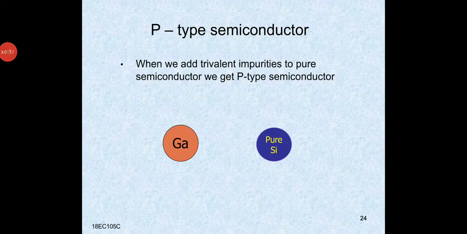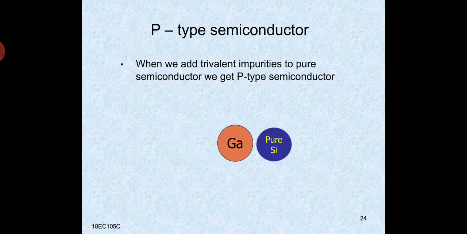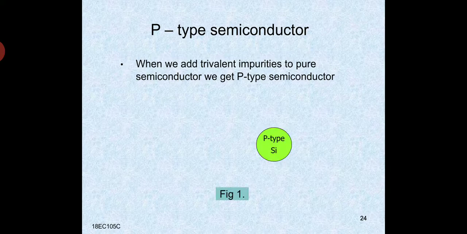Now let us go with the process of adding, as we have discussed earlier. We'll be adding impurities to the pure semiconductor in a molten or liquid state. So when you add this, the result is a P type of semiconductor material.